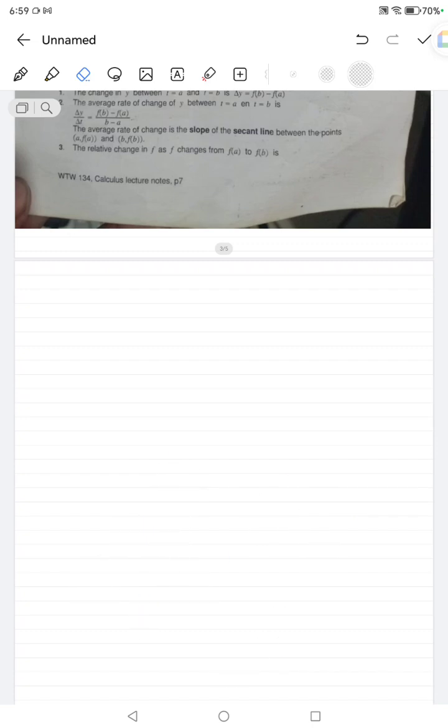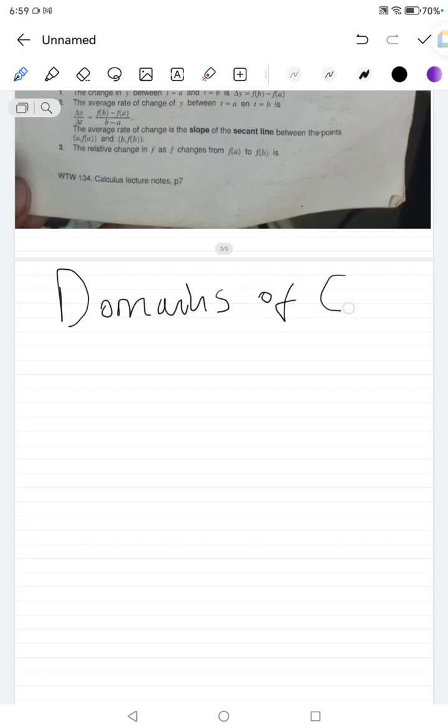properly. So let's just say we'll call them the domains of composite functions. Let's just say we have an instance where our y is equal to 1 over f of x, like the example that I've given.